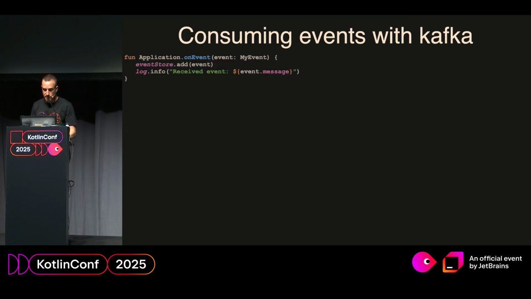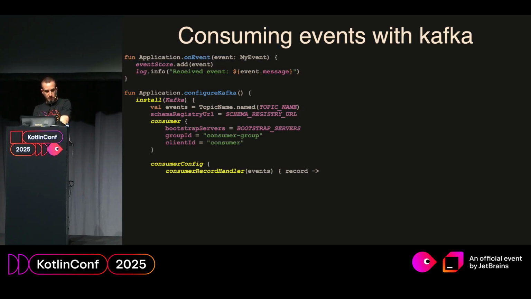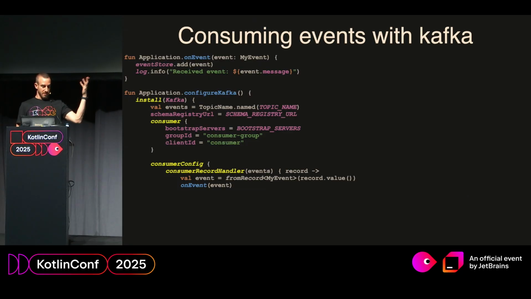And then we have a function for configuring Kafka for the consumer. Again, here we install Kafka. We define the same topic name, schema registry URL. We configure our consumer. And here, we define a record handler for that topic, in the block that it accepts, we have access to the record, which we then parse the event from.